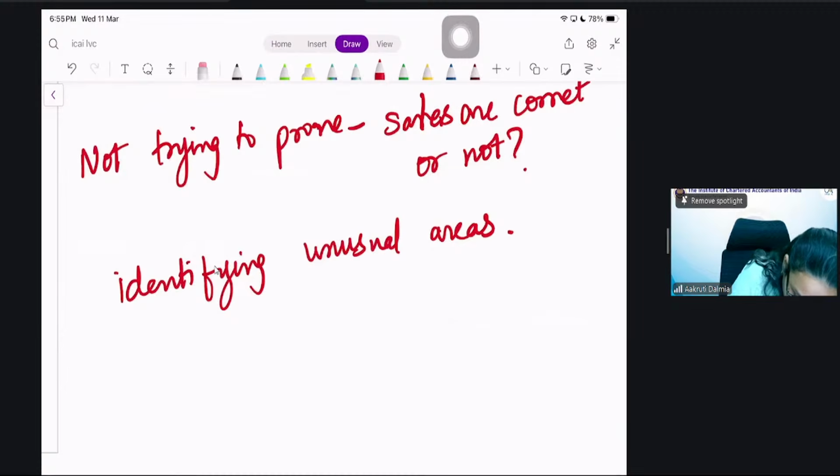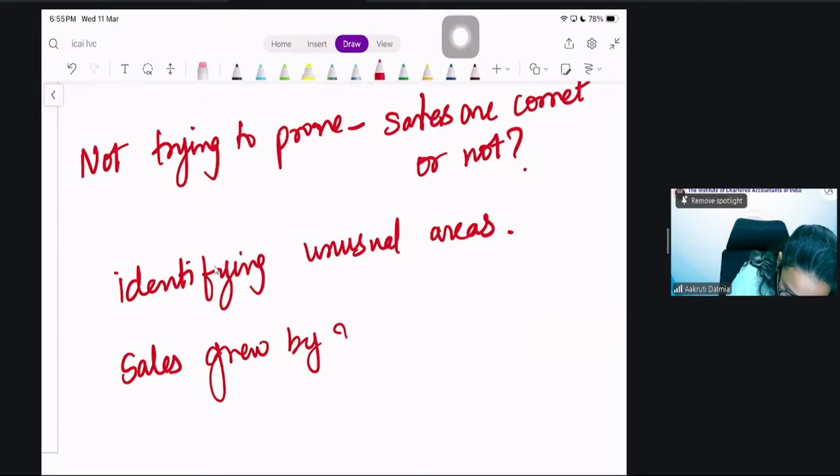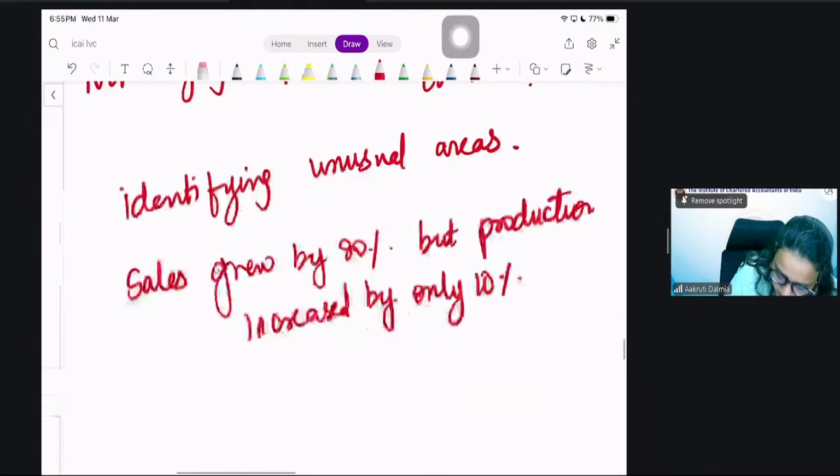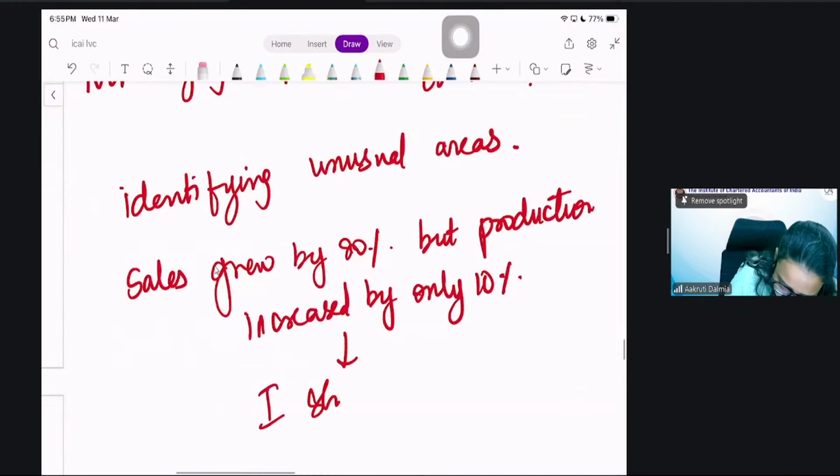Okay. I have identified unusual areas. So I have found that sales grew by 80%, but production increased by only 10%. I should investigate this further.